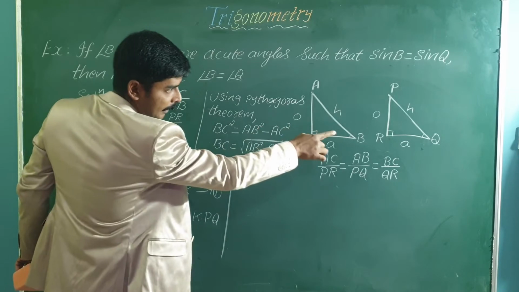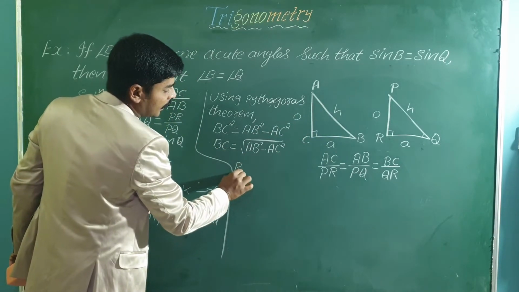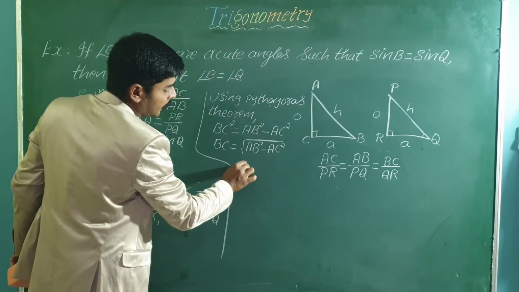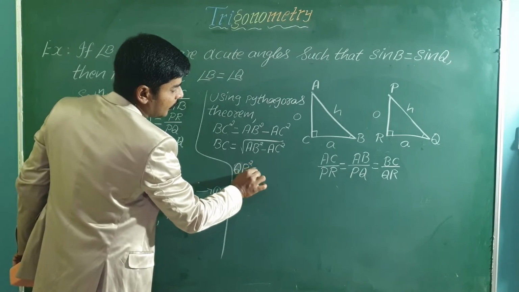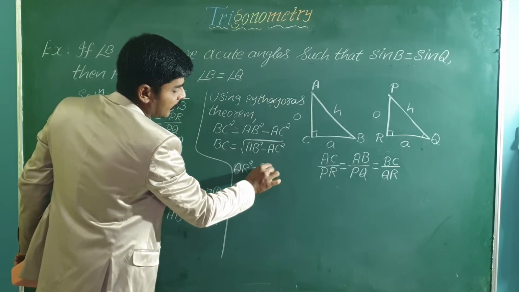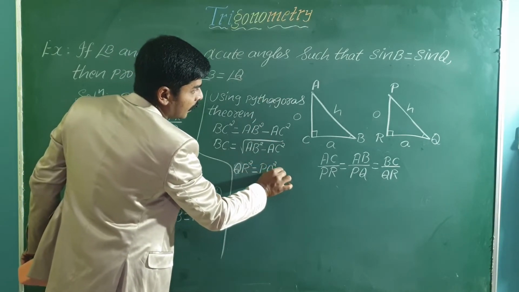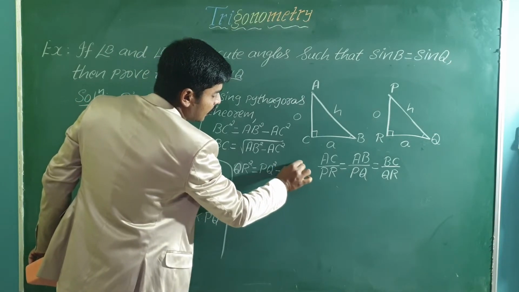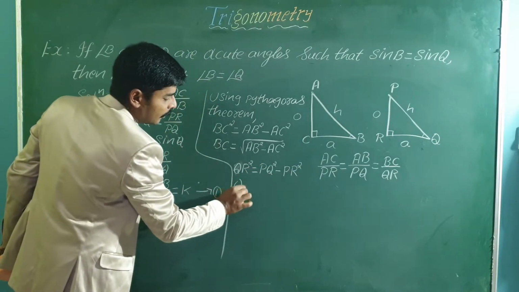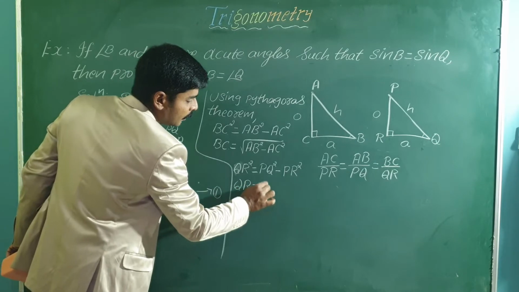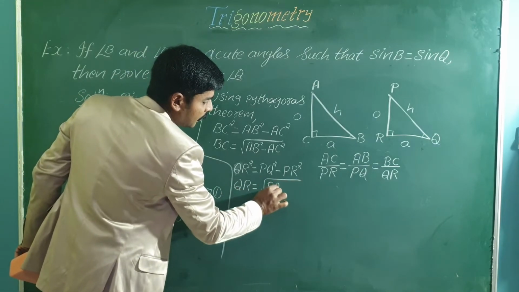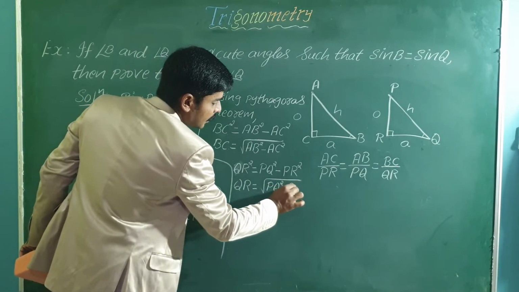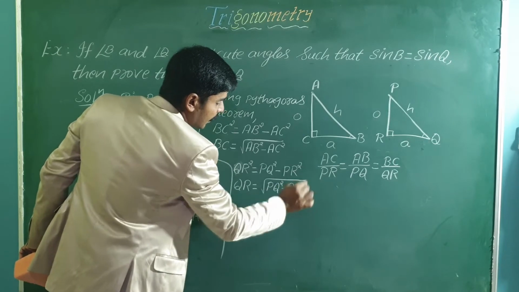Similarly, in that right angle triangle, we can write QR square is equal to hypotenuse square, that is PQ square minus PR square. So QR is equal to square root of PQ square minus PR square.